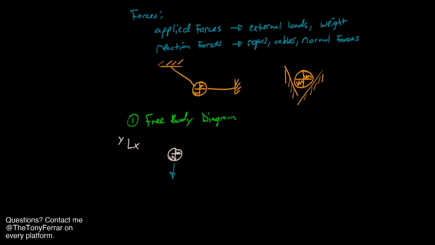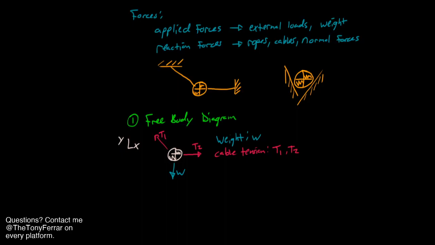So we have the weight, which I'll call W, and we have the cable tensions, which I'll call T1 and T2, like so. You'll see we have assumed directions for those. And I've colored them differently to indicate that these are the reaction forces.